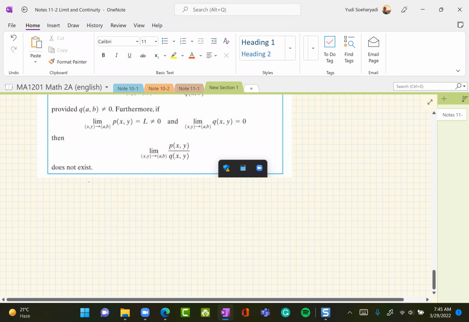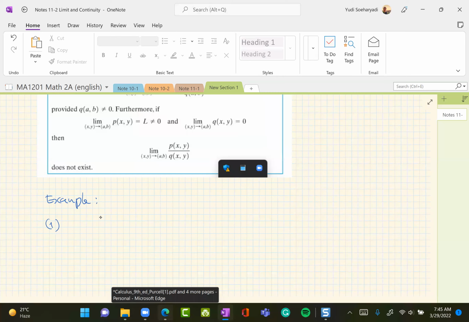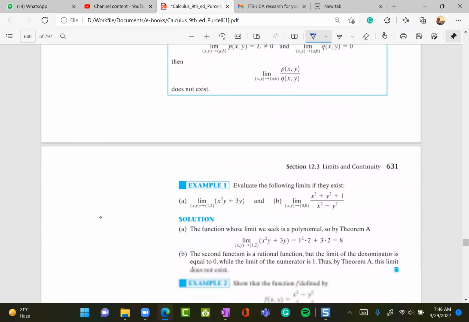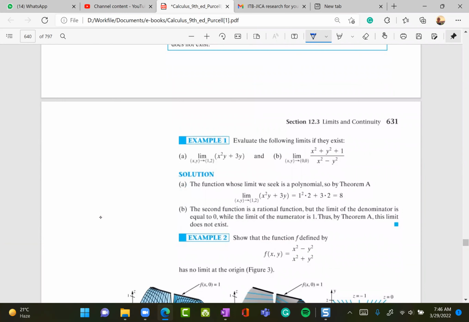All right, so let's do some computations. Just mention this one here. Before we do the example, just look at this example here. This is x squared y, which is a polynomial.